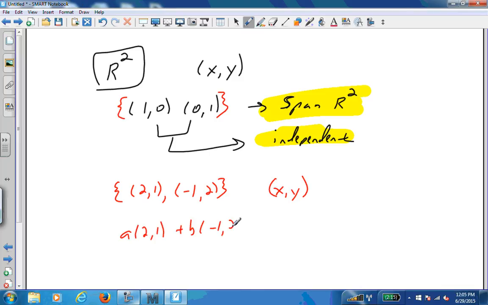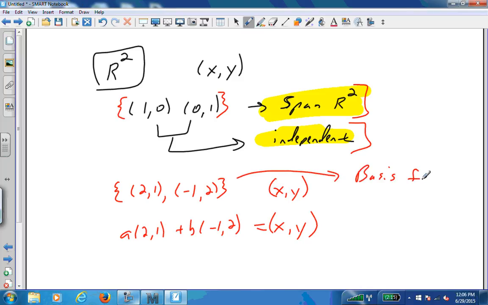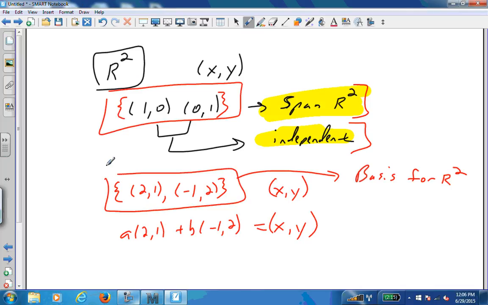And we found out exactly how they were related to x and y. These two are linearly independent. So since they span R2 and they're independent, this forms another basis for R2. So while we have a standard basis, there are lots and lots of different bases that could be written to span our vector space and that are also independent.